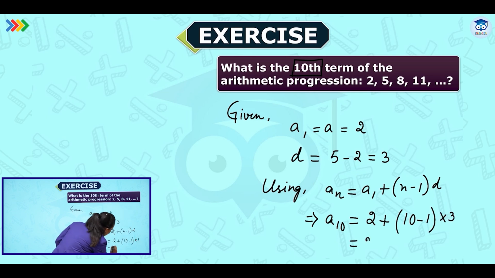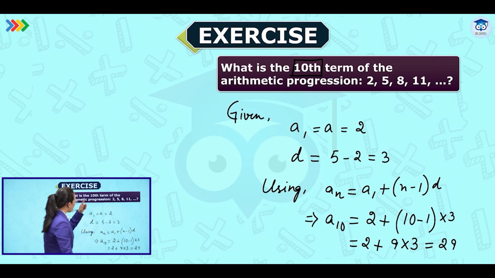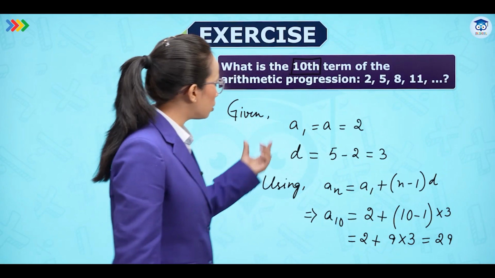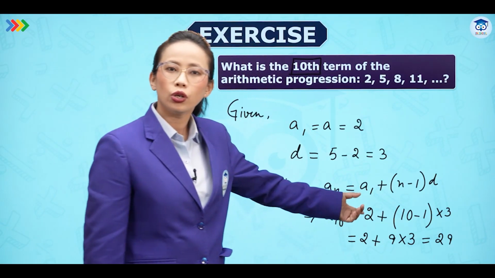So this is equal to 2 plus 9 into 3. We use BODMAS, so multiplication is done first. 9 into 3 is 27, plus 2 is 29. So the 10th term of this arithmetic progression is 29. You can write this as the conclusion.